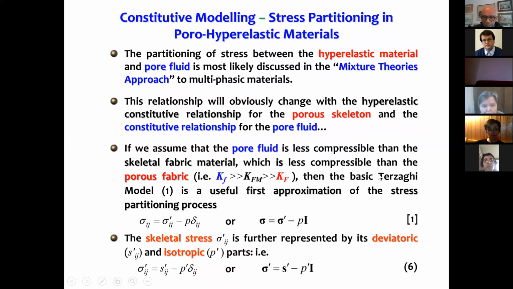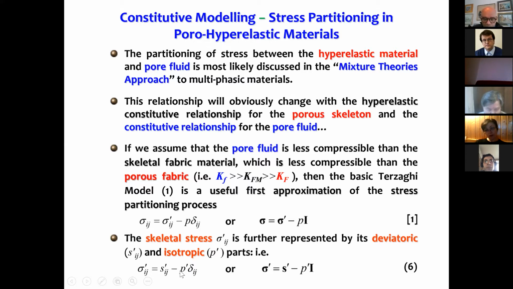So if you make this assumption, then you can resort to the very basic assumption that there is a fluid pressure in the porous space, and then there are skeletal stresses, and that is sufficient to deal with the problem. So you can divide the skeletal stresses into the deviatoric part, which is this S_ij dash, and the isotropic part, P dash, not to be confused with the pore fluid pressure.